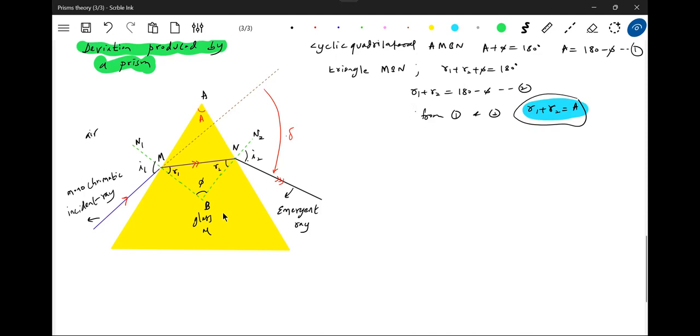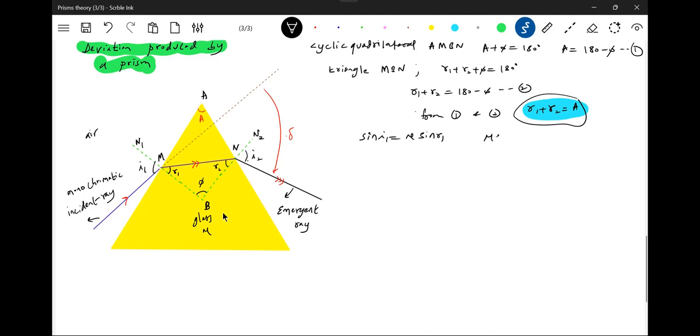Now after this, we'll apply Snell's law at the first and the second face. Sine I1 equals mu sine R1.